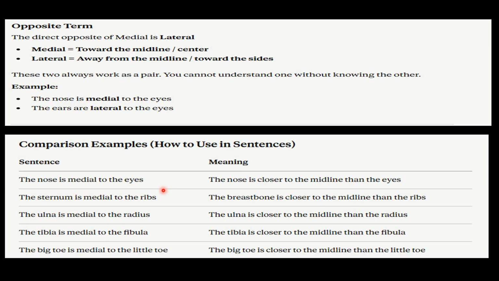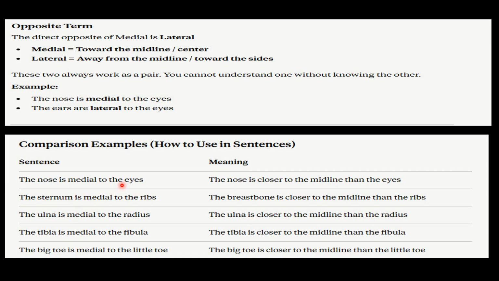Just imagine that vertical imaginary line. The nose is a structure on the midline, right? And ears are on the sides. That's why we can say the ears are lateral to the eyes, but the nose is medial to the eyes, and we are using it in a relative way, comparing one with another. Clear?